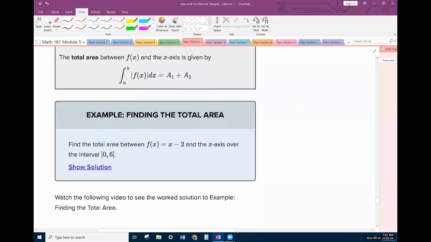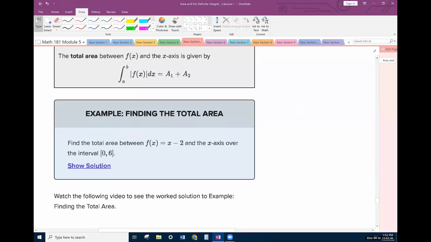So it's area 1 plus area 2. With that, what would our total area be for f of x equals x minus 2 on the interval from 0 to 6? If we draw a picture of that, if I put a 0 in there, it's at -2.